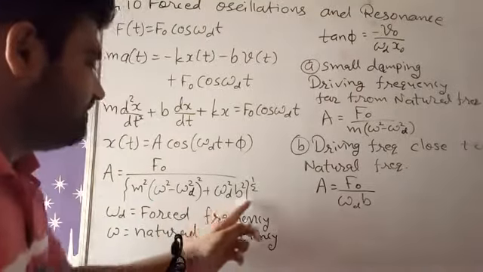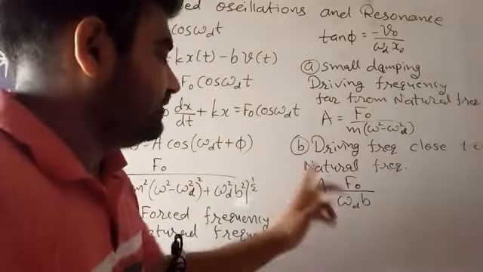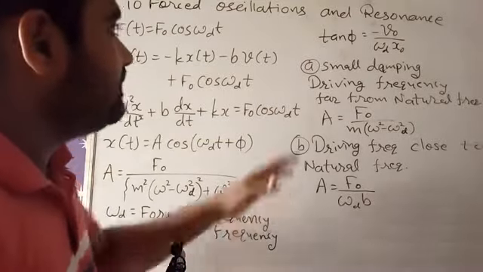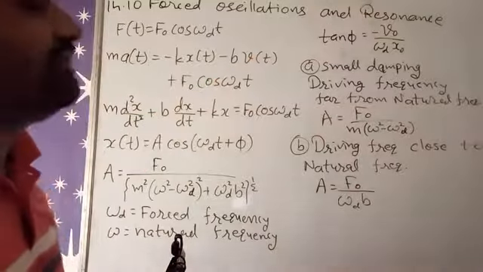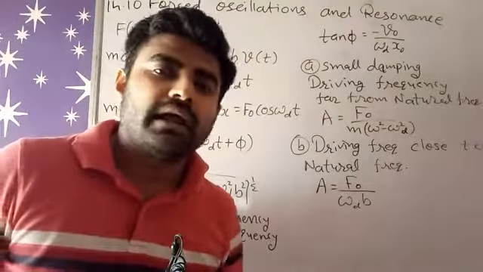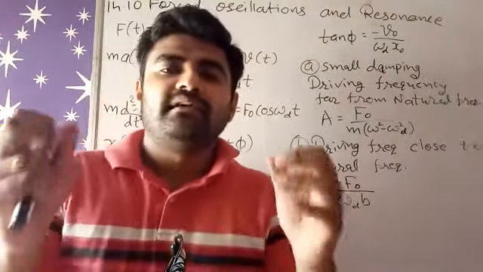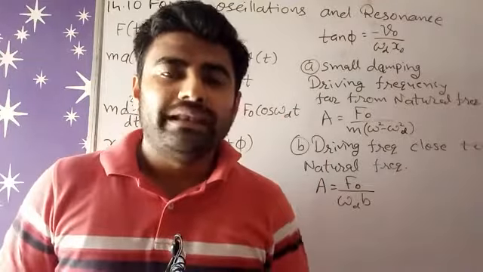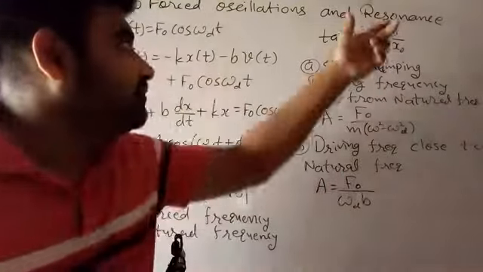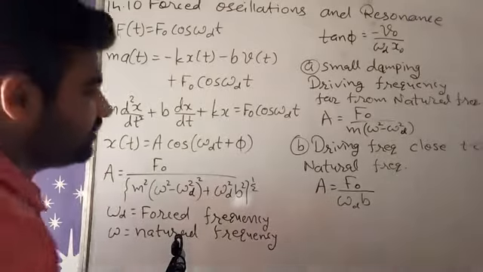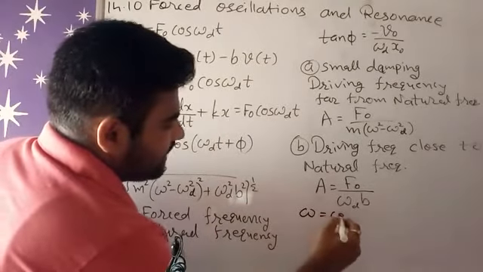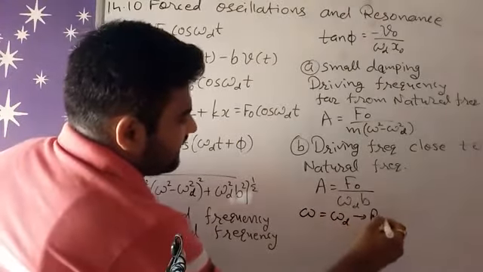That's why we are left with only this term. Now we have to study resonance. What is resonance? Whenever our applied frequency is equal to the natural frequency, this phenomenon occurs. So whenever ω equals ωd, that means resonance.